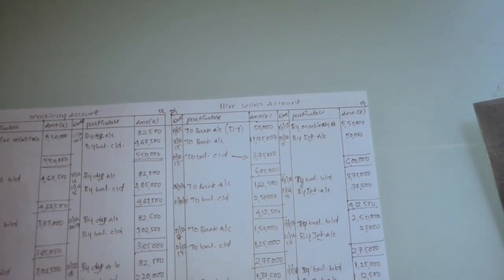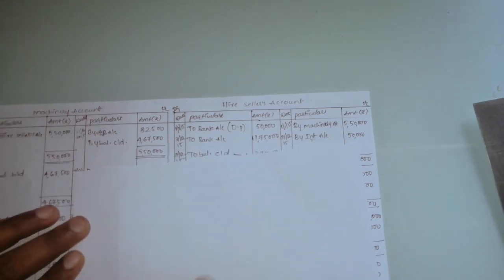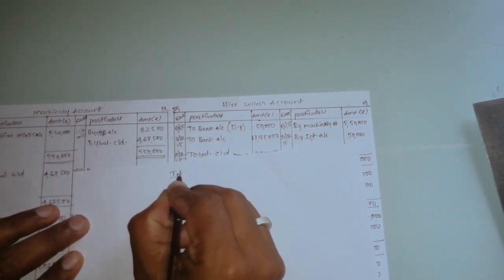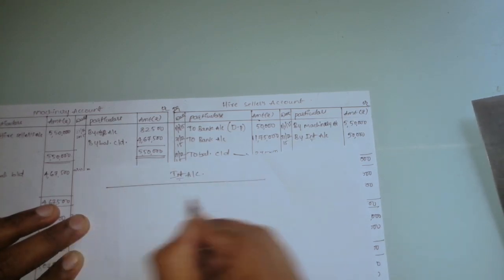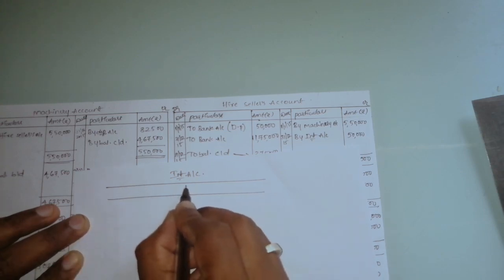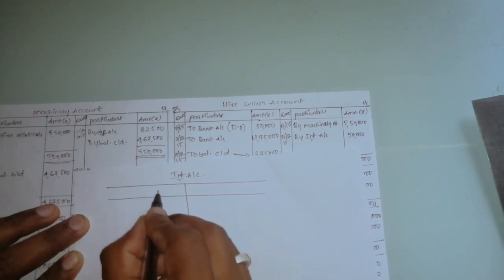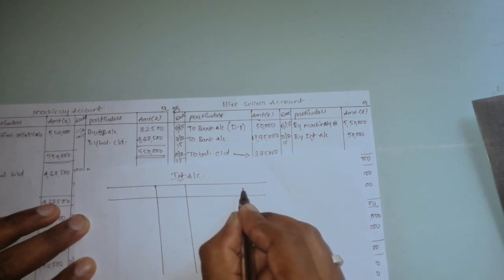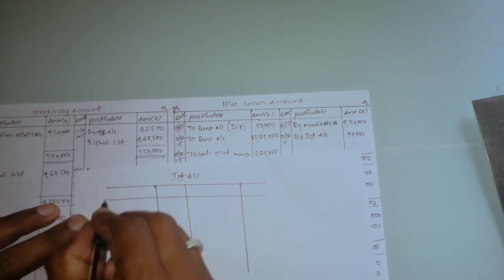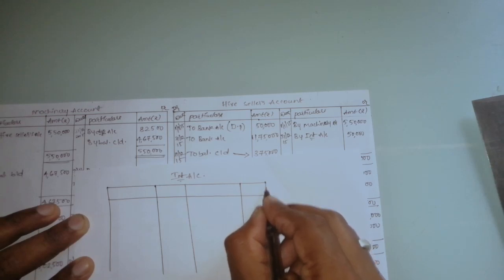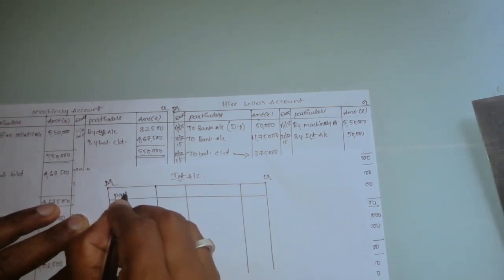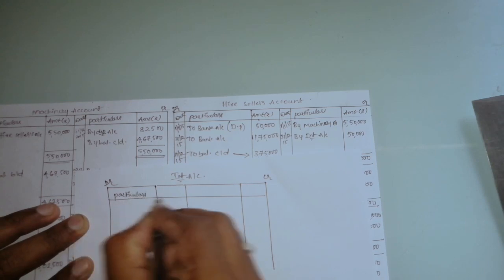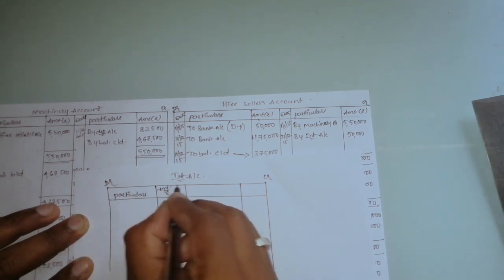Next you need to prepare two more accounts. Here it is, the interest account, with debit, credit, particulars, amount in rupees.